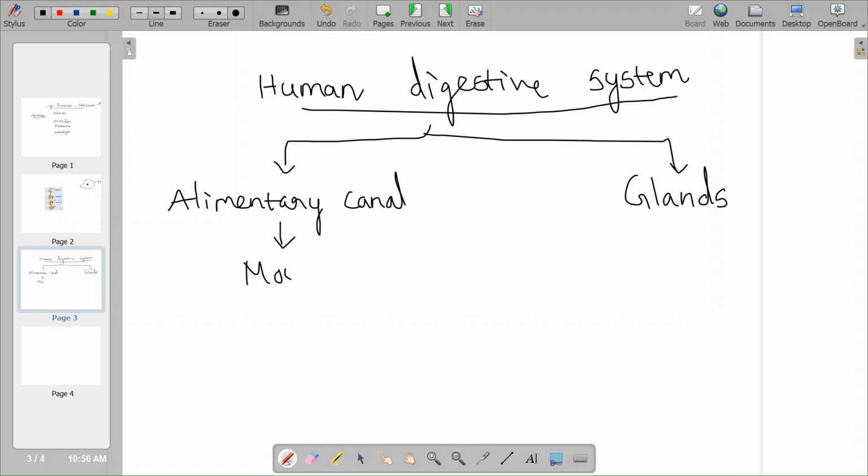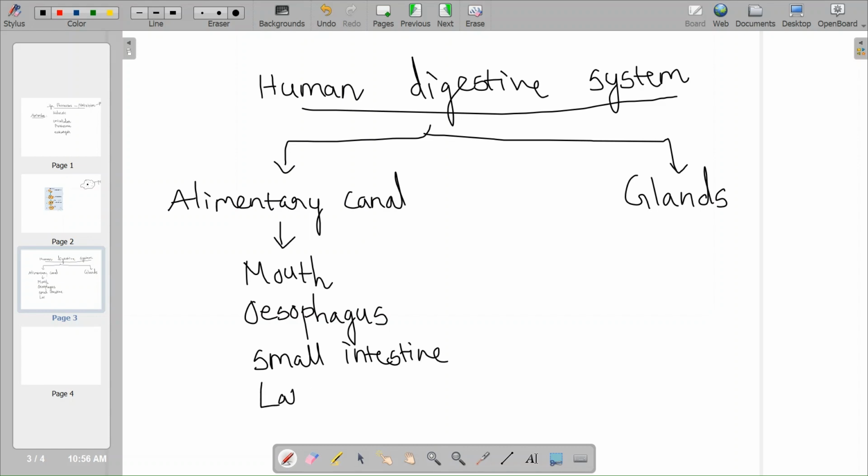It starts from the mouth, then buccal cavity, esophagus, small intestine, large intestine. Part of the large intestine, rectum and anus. So these are the parts of the alimentary canal. It starts from the mouth and ends in the anus.